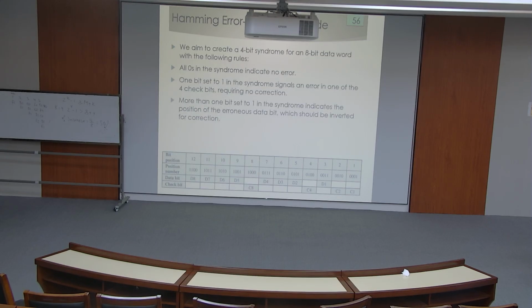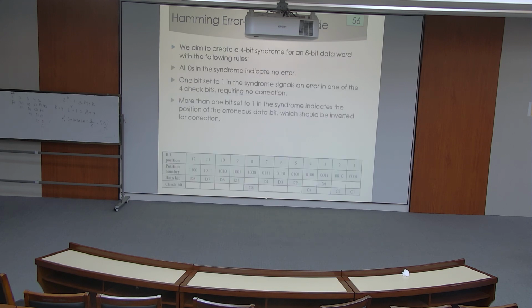Now we aim to create a syndrome for 8-bit data with the following rules. All zeros in the syndrome means there is no error. One bit set to 1 in the syndrome means there is a single error, and it has happened in the check bits. More than one bit set to 1 in the syndrome indicates there is a mistake in the data, and it needs to be corrected.